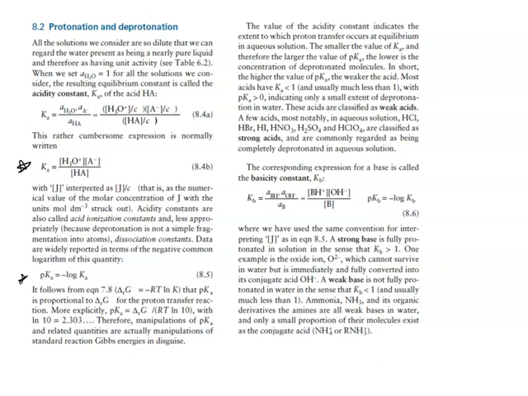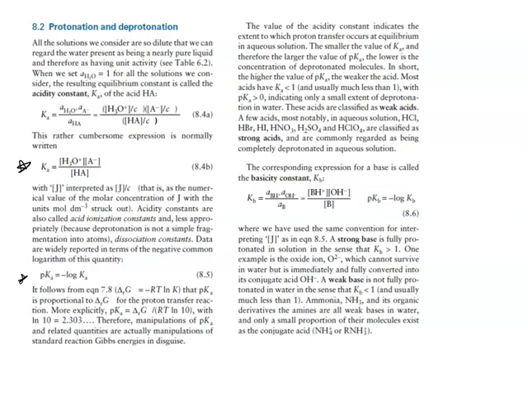A few acids, most notably in aqueous solution, hydrochloric acid, hydrobromic acid, hydroiodic acid, nitric acid, sulfuric acid, and perchloric acid are classified as strong acids and are commonly regarded as being completely deprotonated or fully dissociated in aqueous solution.